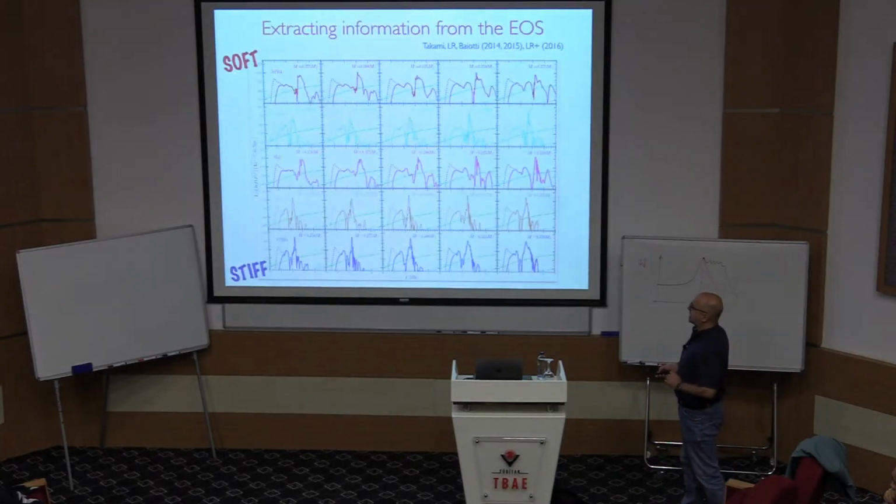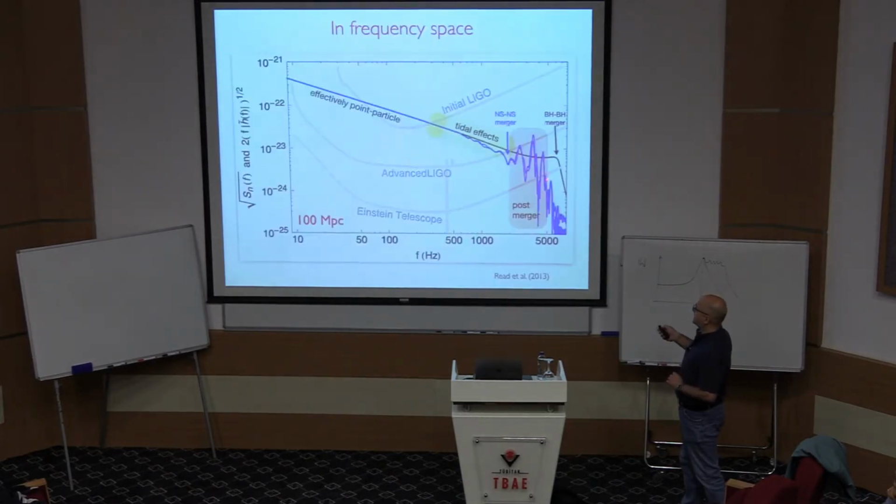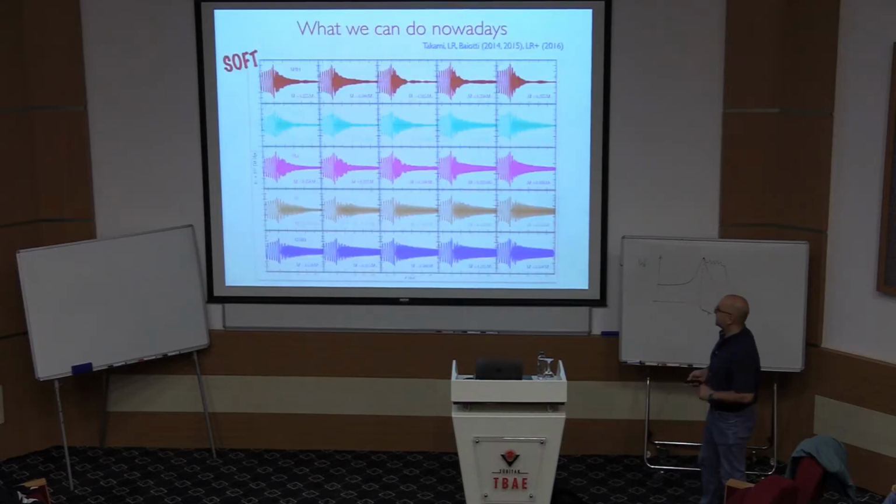They happen in a region, you know, they are over here. So they are below the sensitivity curve. The detectors are not sensitive enough at these frequencies. And so that's why with GW170817, the binary neutron star merger, we actually didn't see the merger. It disappeared from the instruments because the signal went below the sensitivity of the instrument, okay? So that is why these post-merger signals are very exciting, although they are very hard to actually measure.